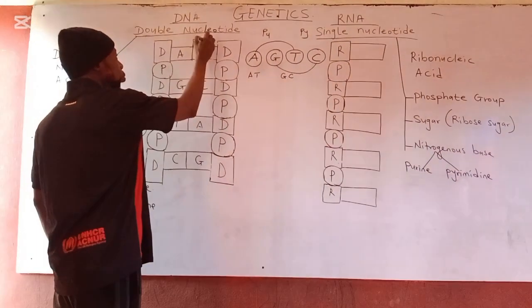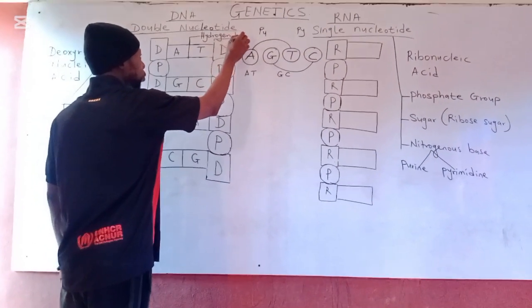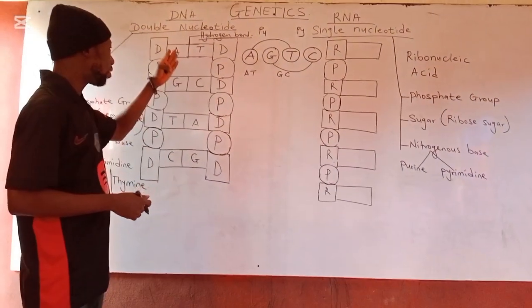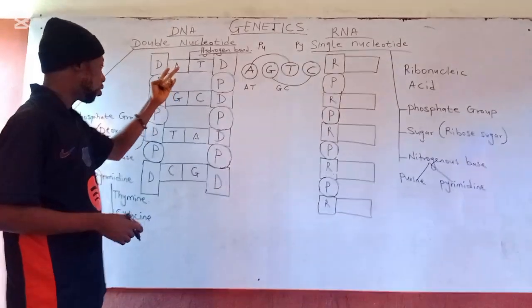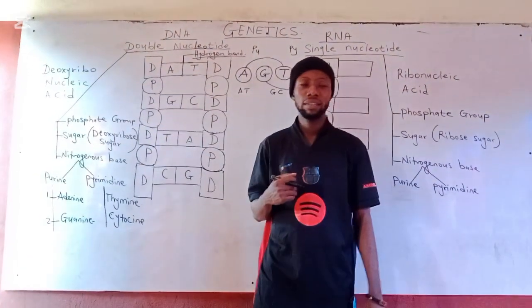This bond is known as hydrogen bond. This is the bond that binds the purines and pyrimidines together. So that's all for now on DNA.